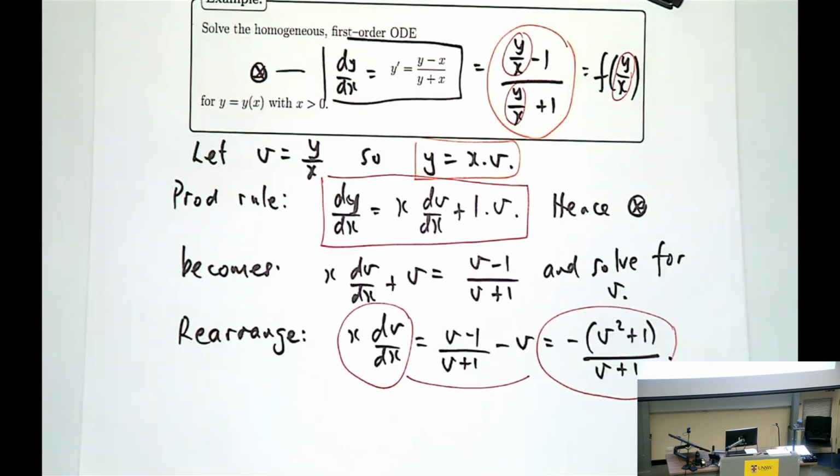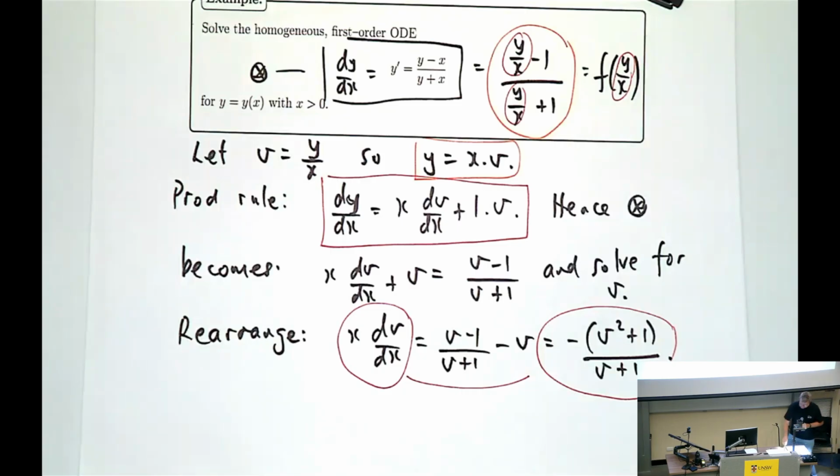Okay, remember how we separate variables in this course? For separable problems, we either multiply or we divide. So we can do that here. We want to get the v's and the dv's on one side and the x's and the dx's on the other side.